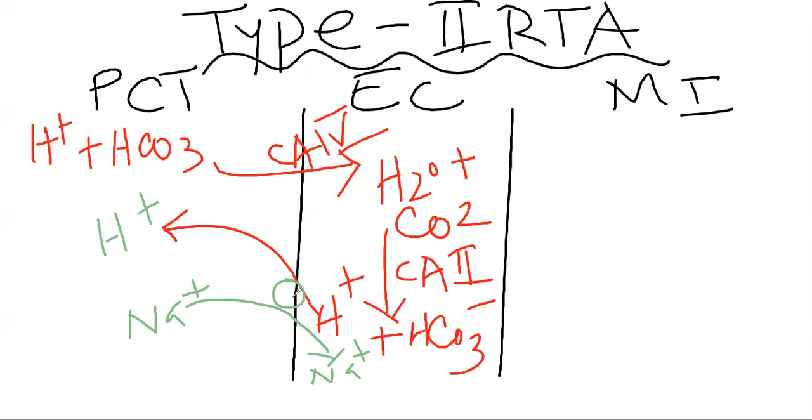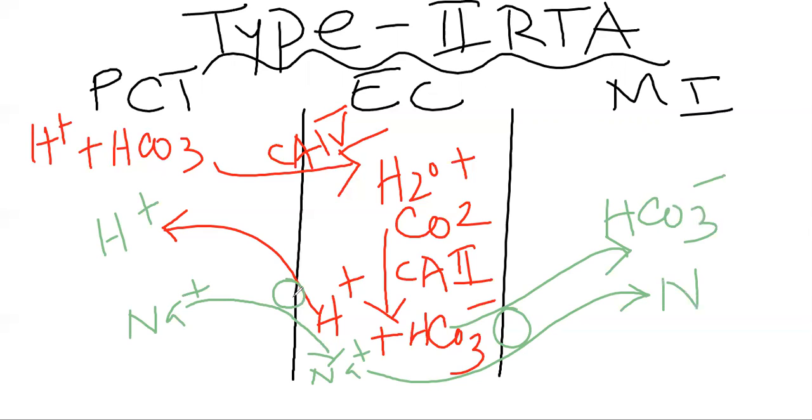Now this sodium ion as well as the bicarbonate ion will be transported into the medullary interstitium by the sodium bicarbonate co-transporter, which is also an example of secondary active transport or the symporter mechanism. So the sodium bicarbonate co-transporter is the pump by which sodium ion will be reabsorbed along with the bicarbonate ion.